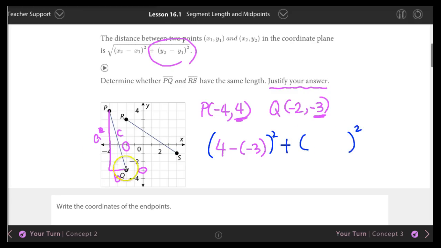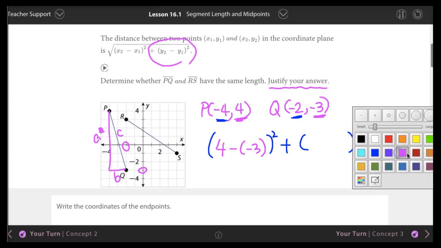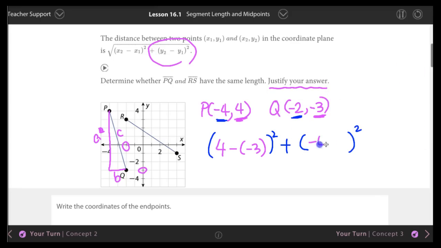Of course, this side right over here. Well, how am I going to find out how long this is? Well, I'm going to have to start with this number right here, -4, and then subtract what? -2. So then basically it's like this, -4 minus -2. Okay, there you go, -4 minus -2.